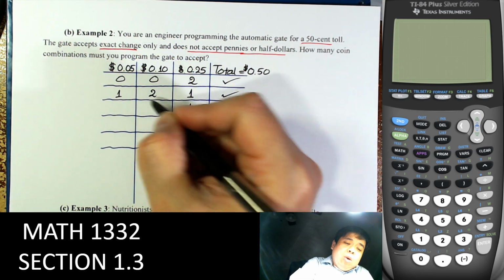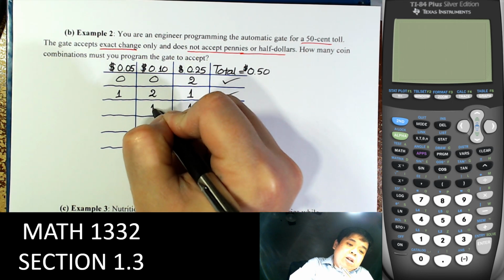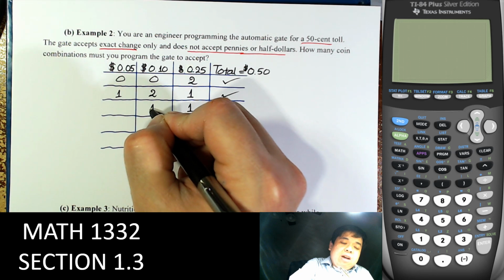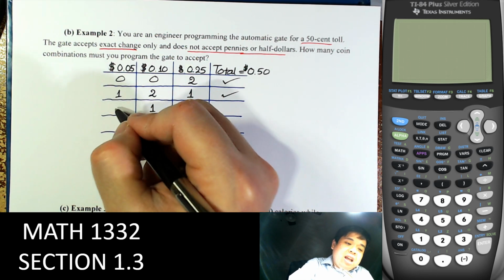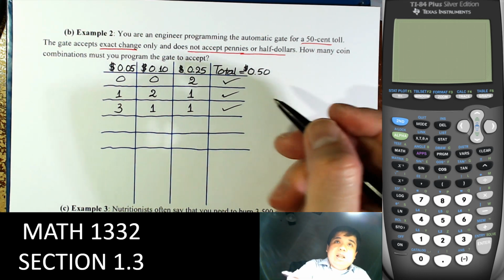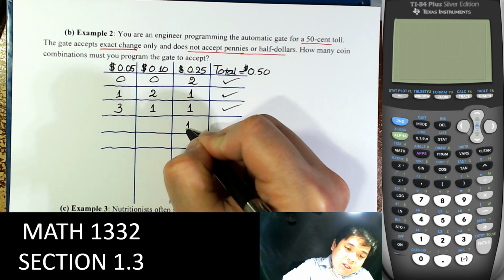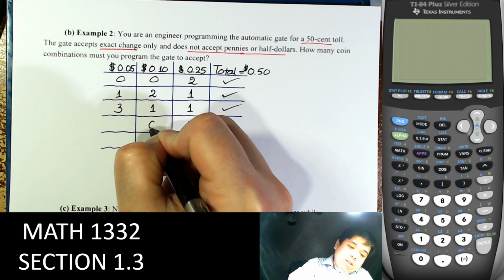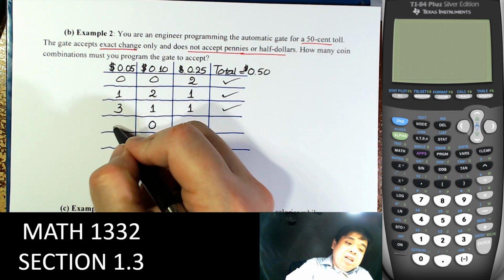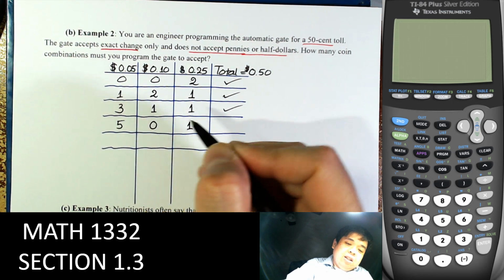Now, what if we don't have 2 dimes, we only have 1? So that is 25 cents, 35 cents, and there will be 15 cents left. That requires 3 nickels. That's also 50 cents. Now, if we also have 1 quarter, but we do not have any dimes, that means we need 25 cents, and all of them in nickels. That has to be 5.